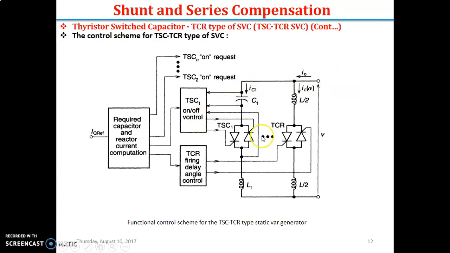So it will switch on 6 such branches, and from that we will get 6 MVAR output, and the fractional part, that is 0.7 MVAR, will be compensated by the TCR, and for that MVAR it calculates the reactor current, and for that reactive current it will calculate the firing angle alpha, and so the firing angle control will be there.